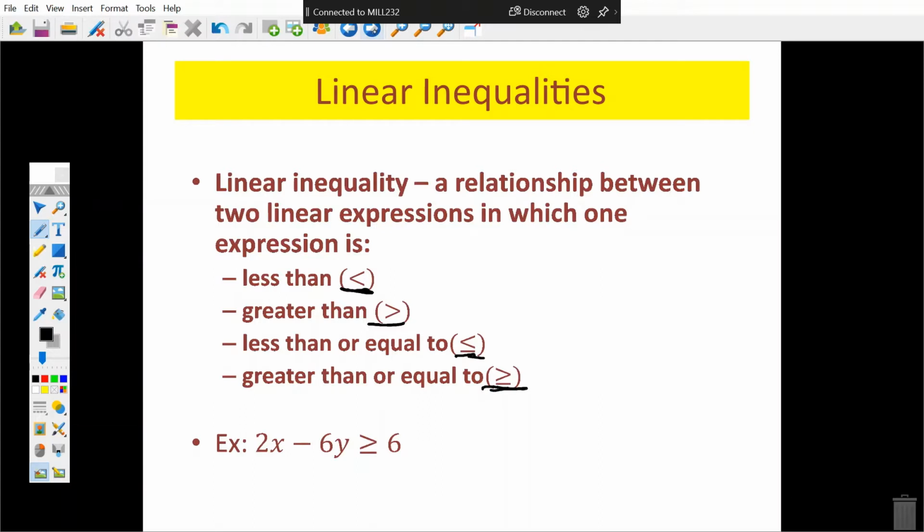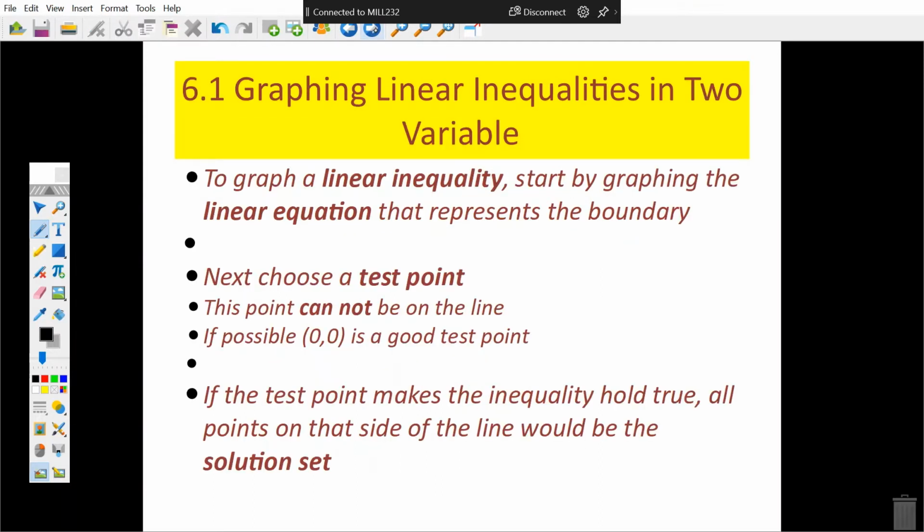So here's the steps, and don't feel like you have to write this down right now. We're going to put it into practice in just a minute. But what we're going to do is to graph a linear inequality. You have to start by graphing the linear equation that represents that boundary. So that's just like we did right here.